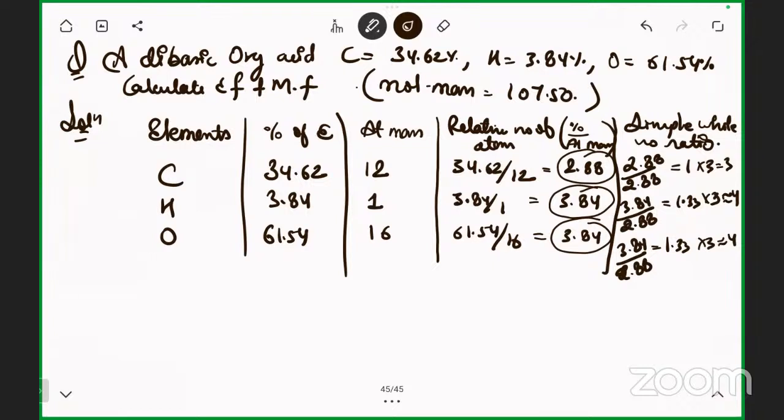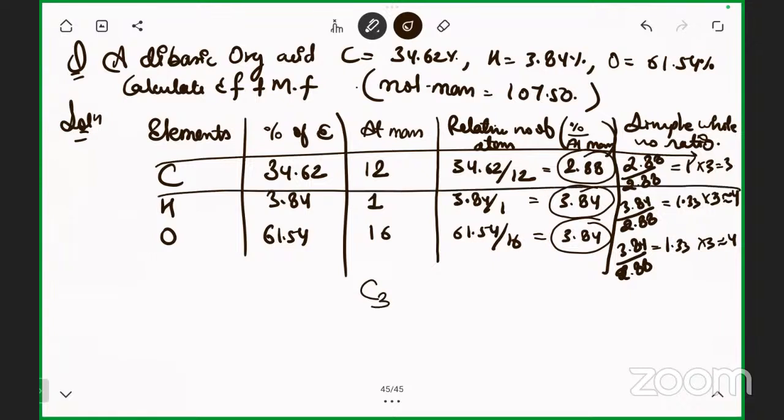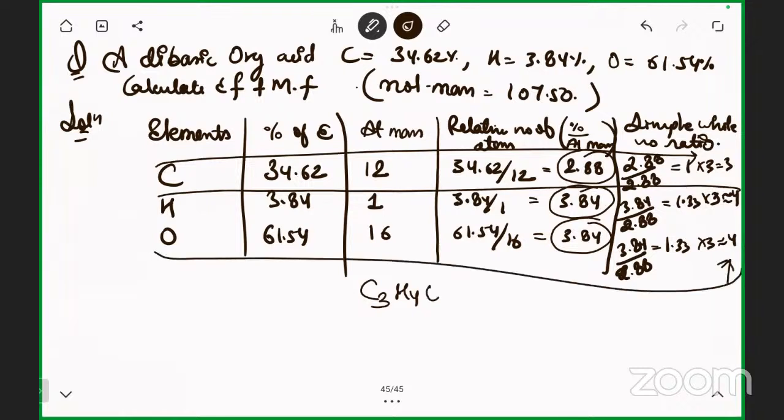How much carbon do we have? 3, so it will be C3. Hydrogen we have 4, so H4. Oxygen we have 4, so it will be O4. So this is the empirical formula: C3H4O4. Got it?